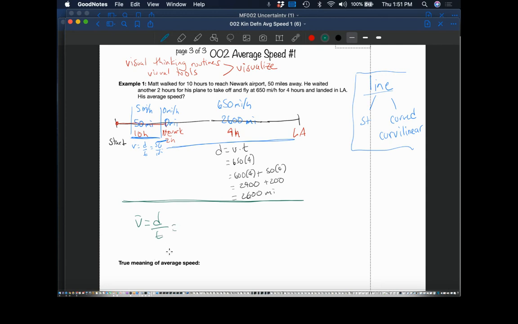And our distance, in this case, it's very easy for me to find, 50 plus 0 plus 2,600, all over the total time, which was 10 plus 2 plus 4. So that gives us 2,650 over 16.